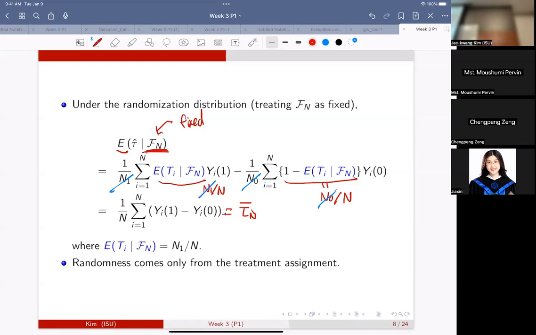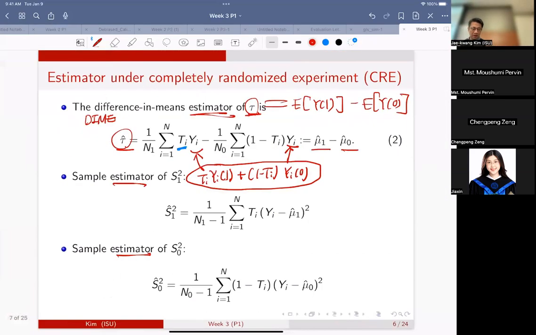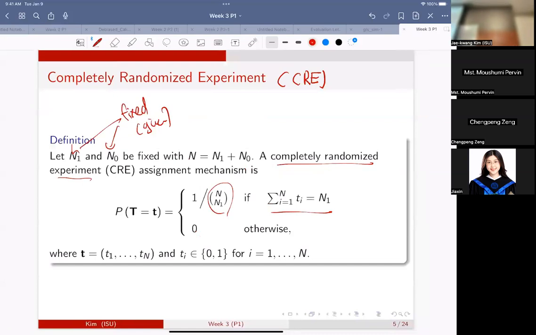How can we justify it? Well, we are not making an assumption. The distribution of Ti is under our control.